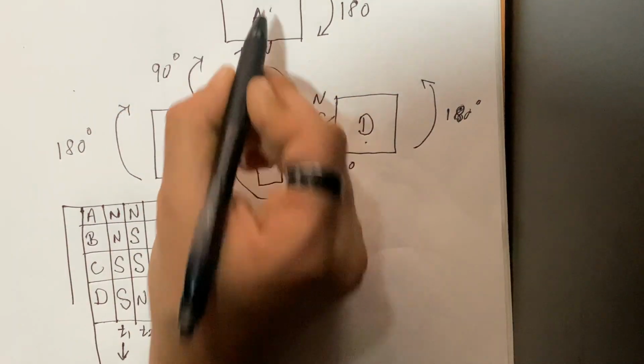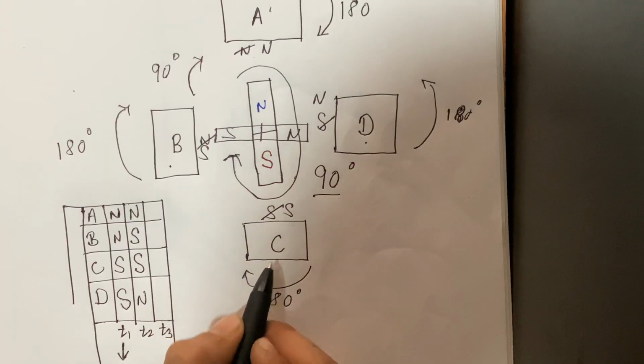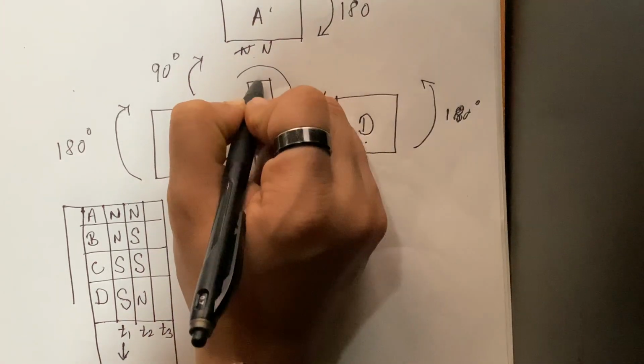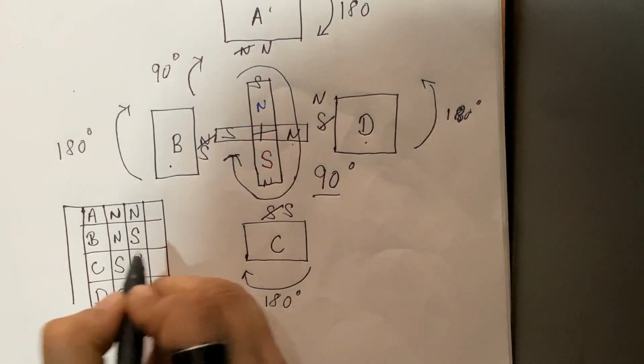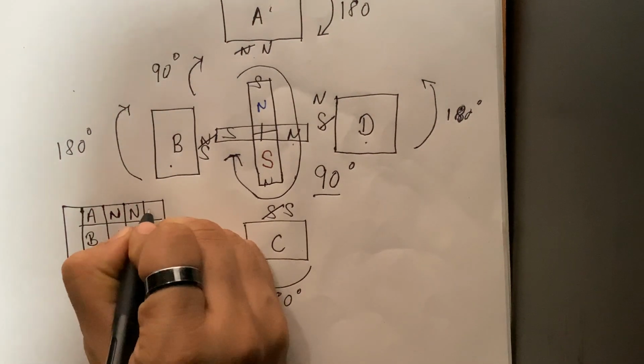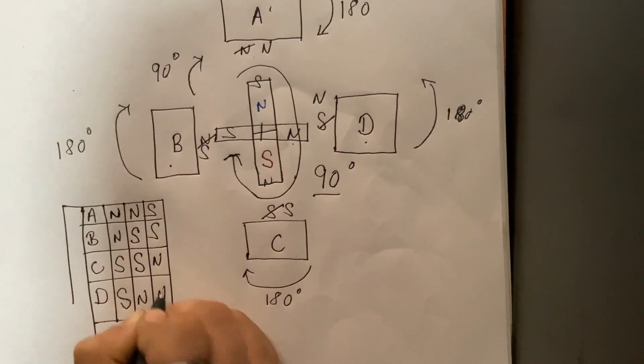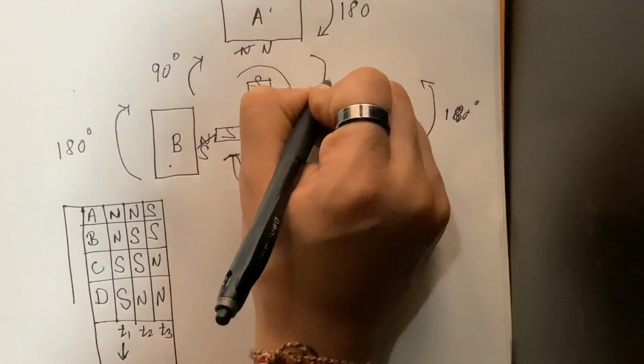Same thing we'll do now: we'll switch the polarity of A and C. Now the north is at the bottom of the magnet and south is at the top. A will become south and C will become north. So it will rotate clockwise 90 degrees again.